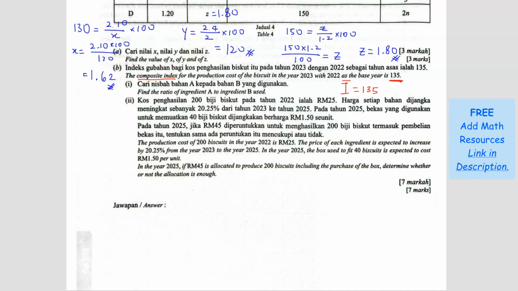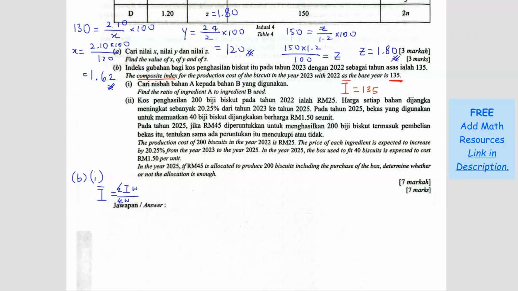Question B1. For those who don't know, the composite index formula is when you take each price index times the weightage, add up all of the price index times weightage, and then divide by the total weightage.